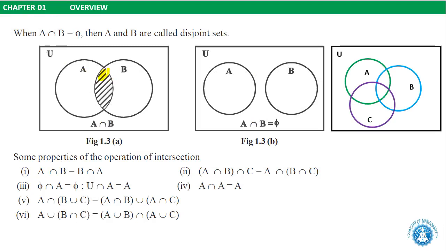This shaded portion represents the intersection of A and B. That means elements falling in this region will belong to A and B both. If A and B are disjoint sets, that is the intersection of A and B equals null set, that means no elements are common in A and B.